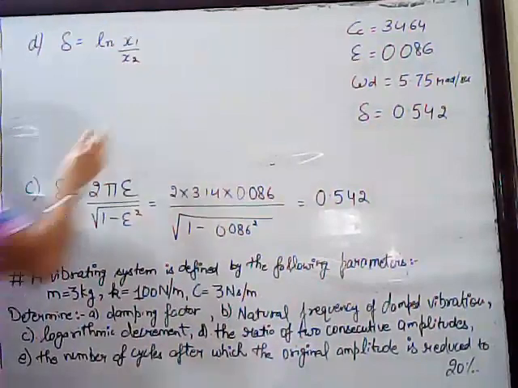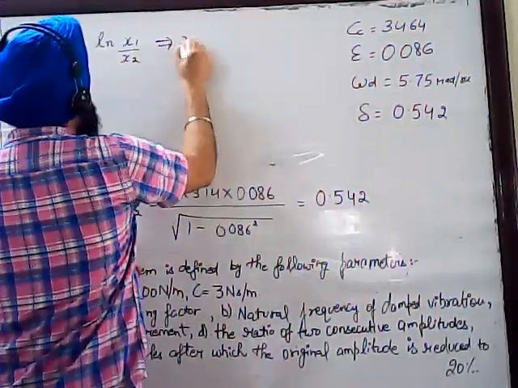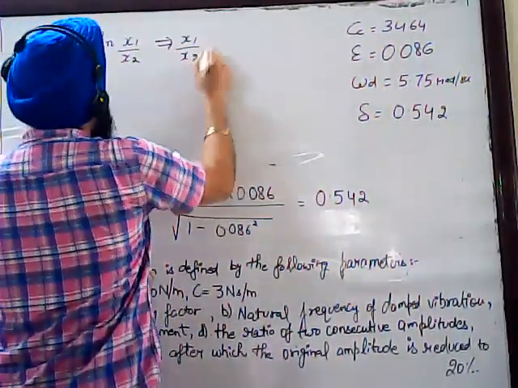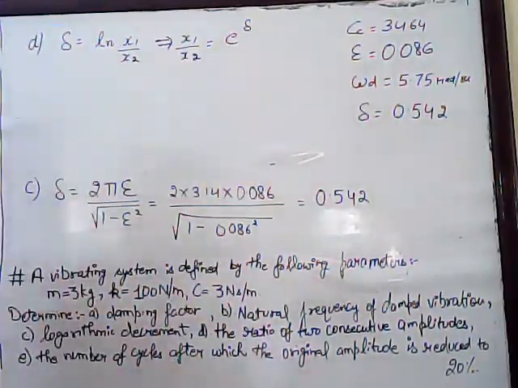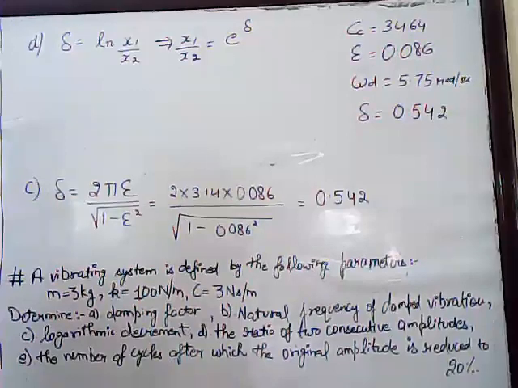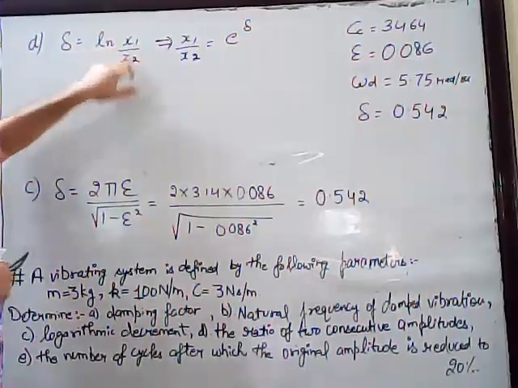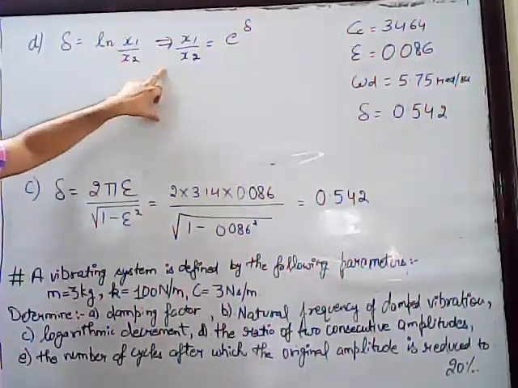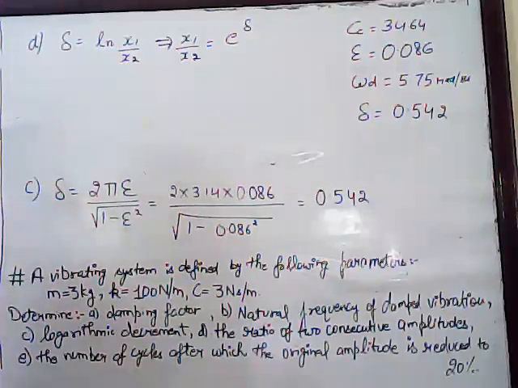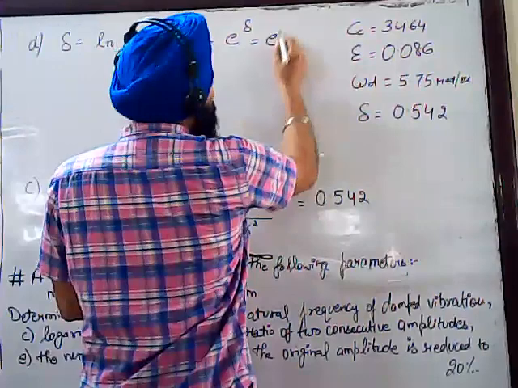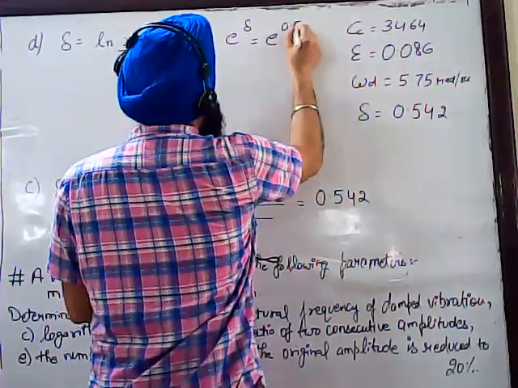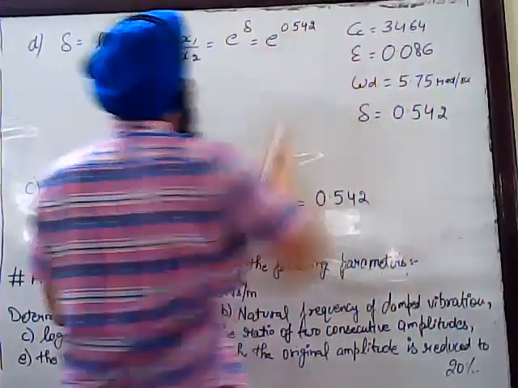So the value of x1 by x2 will be equal to e raised to power delta. As we know that delta is equal to log of x1 by x2, so x1 by x2 will be equal to e raised to power delta. The value of delta is 0.542.